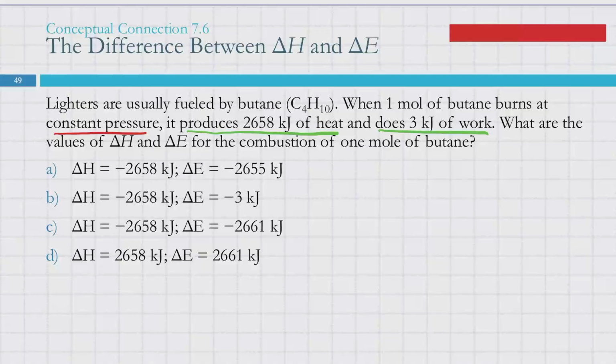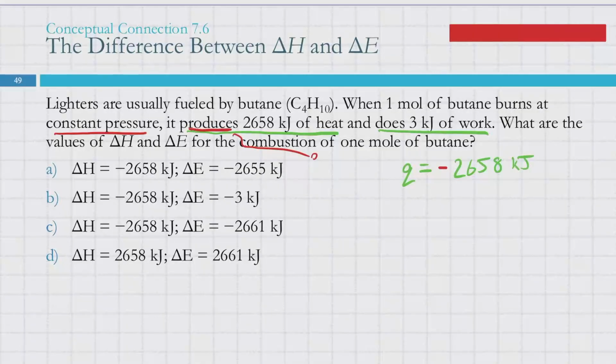So heat is Q, and the number, just the magnitude part of that, 2,658 kilojoules. Is this going to be a positive number when we express it as Q, or a negative number? It's a negative number. And it's negative because it's producing.